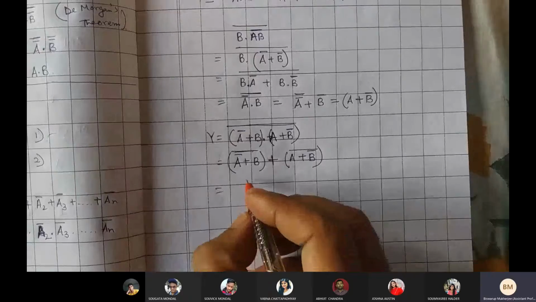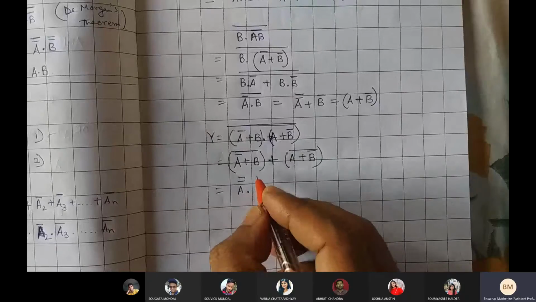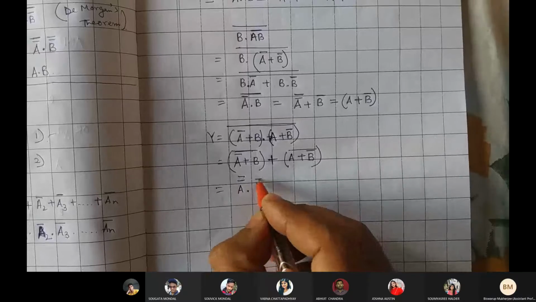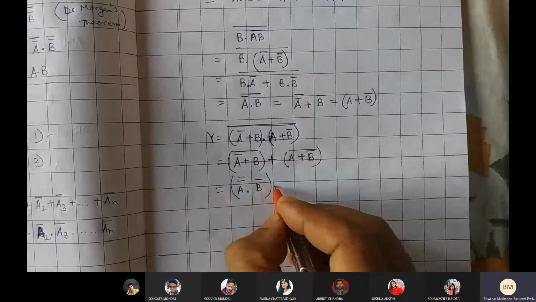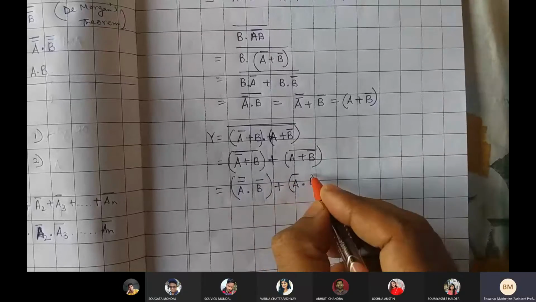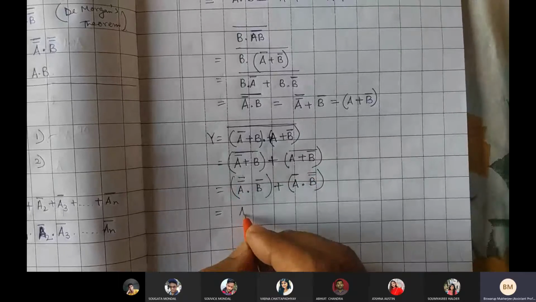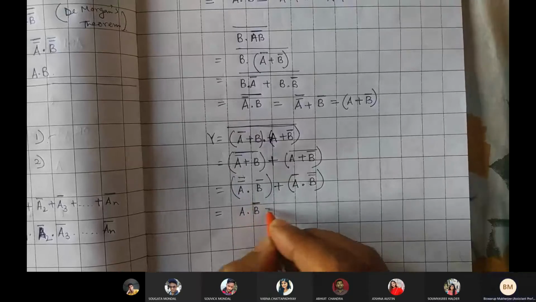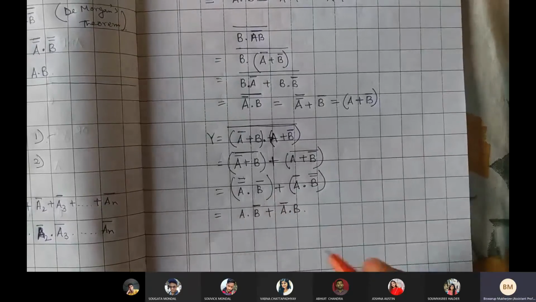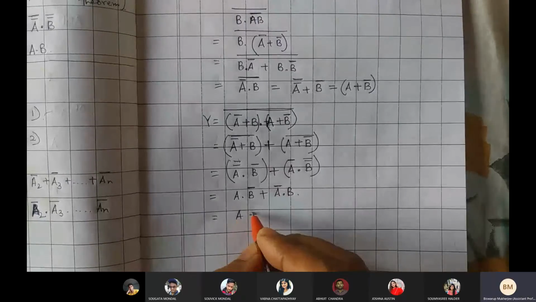So it can be written like this as A double complement dot B complement plus A complement dot B double complement. So A double complement means A dot B bar, and this one is A bar dot B. That is nothing but equal to A XOR B.